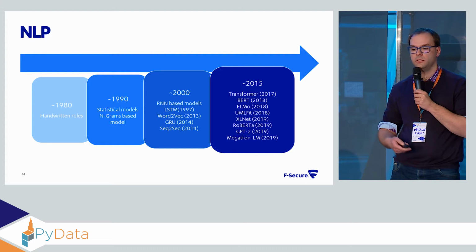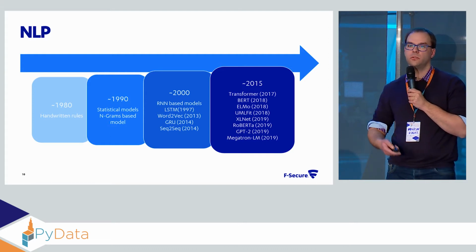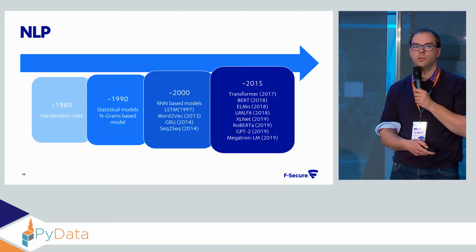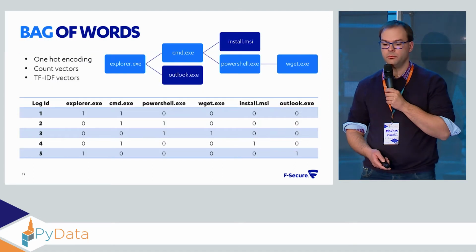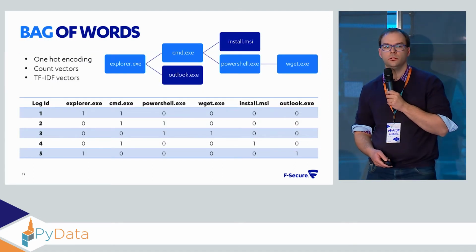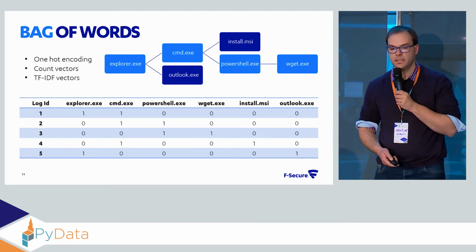We cannot take, for example, a BERT model and do transfer learning, because it's usually trained on English and we have log data. So we could start from the beginning and build a baseline model to compare against, because maybe a simple model is good enough with the resources that we have.